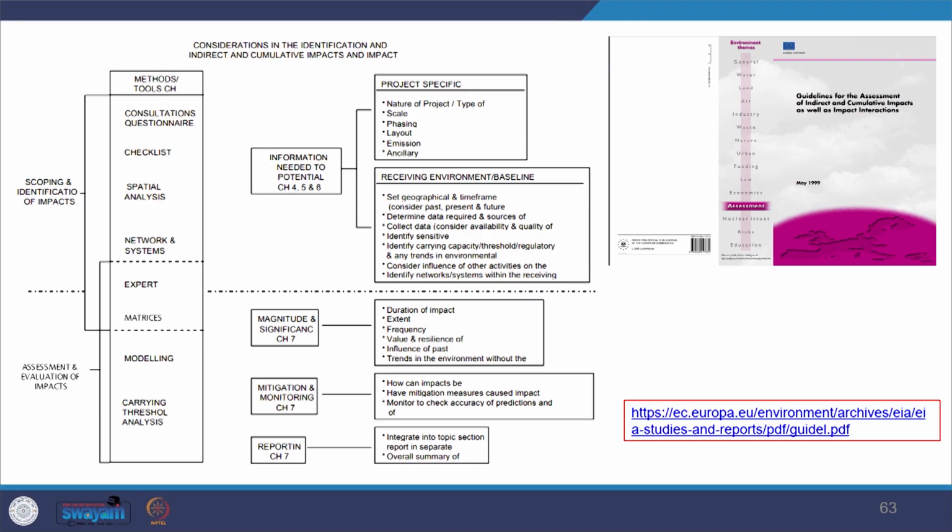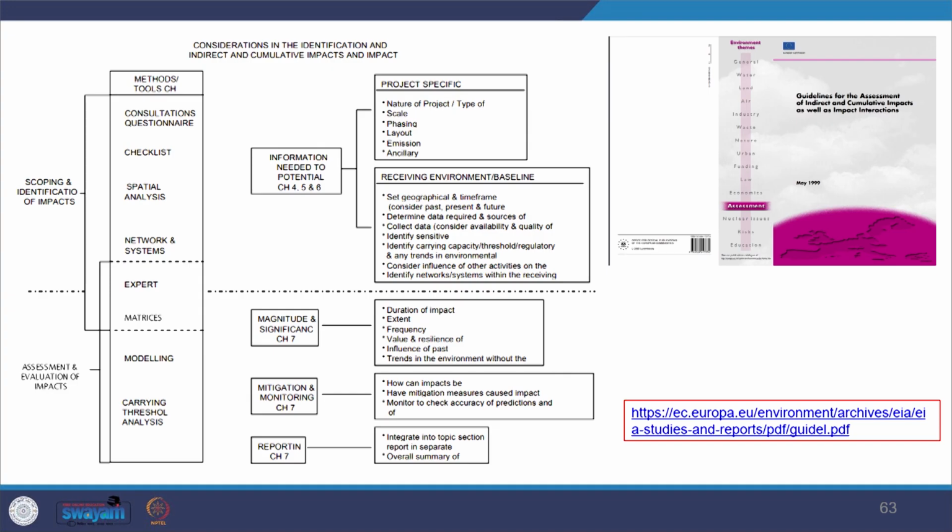And then assessment and evaluation of impact, so you will see that expert and matrix are falling in both the categories. So that's not a very strict line here. So for assessment and evaluation, you can use expert matrix as well as modeling and carrying threshold analysis. So you know how much is really more and how much is less.